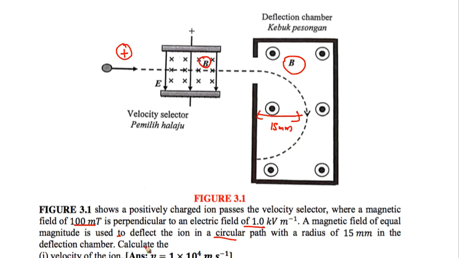Calculate number 1, the velocity of the ion.